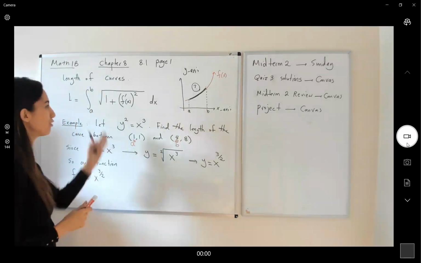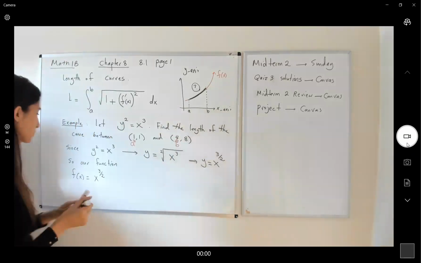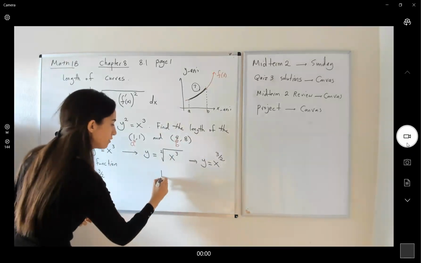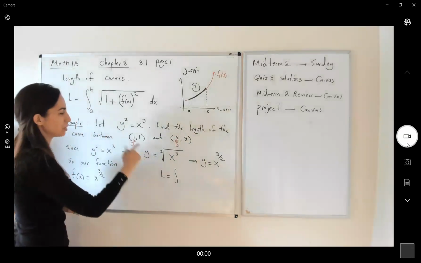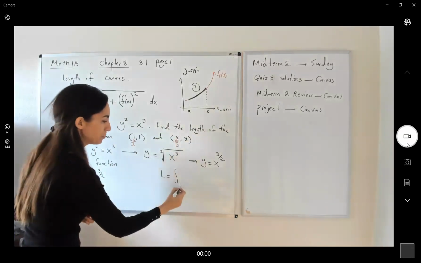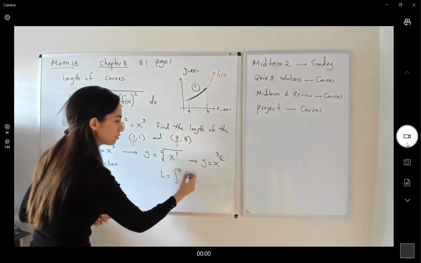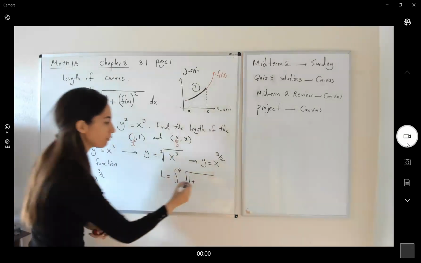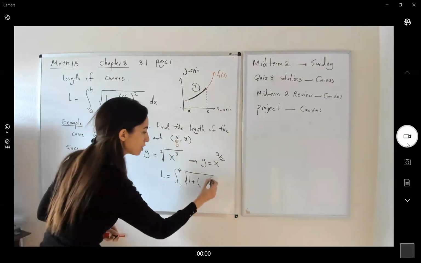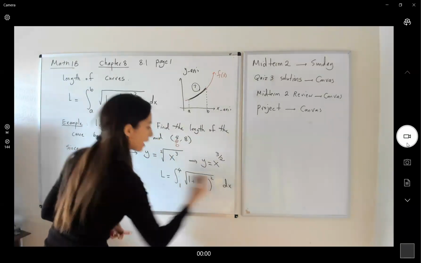Now you have to follow the formula. You know that the length is equal to the integral, x ranging between 1 to 4, of the square root of 1 plus the derivative of the function raised to the second power, dx.